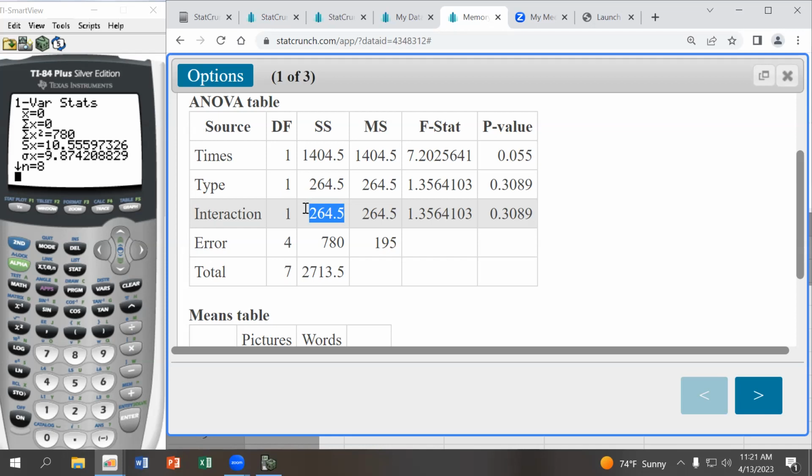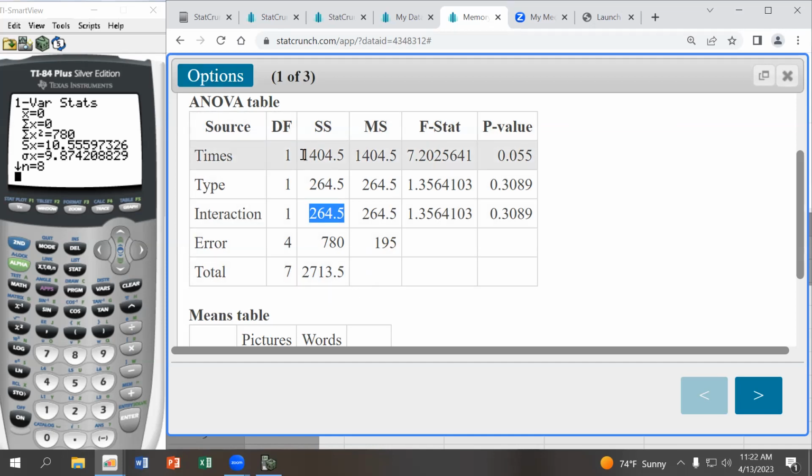Agreed? Same logic. If I add the SS for rows, columns, and error, subtracted from 2713.5, you will get the interaction value.